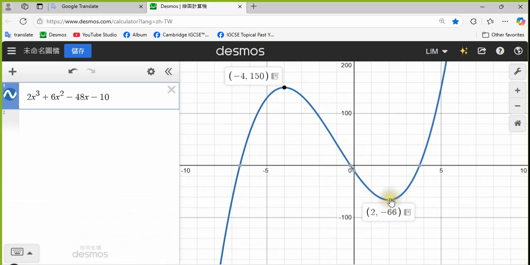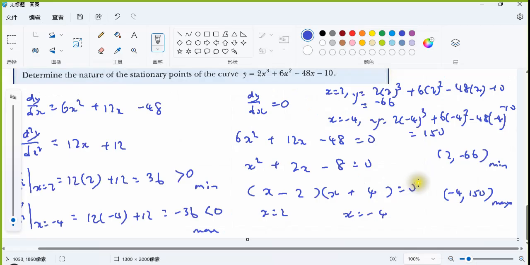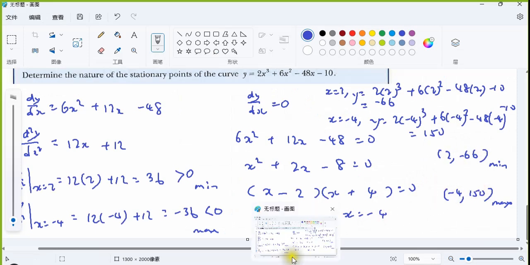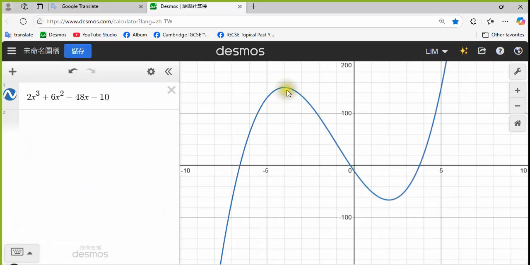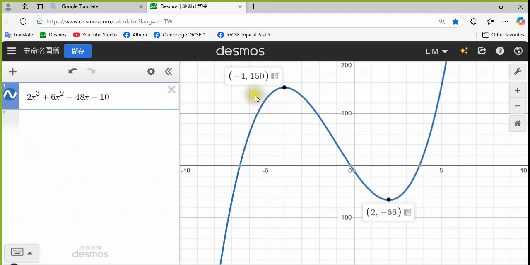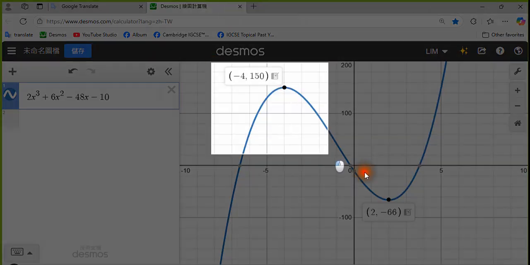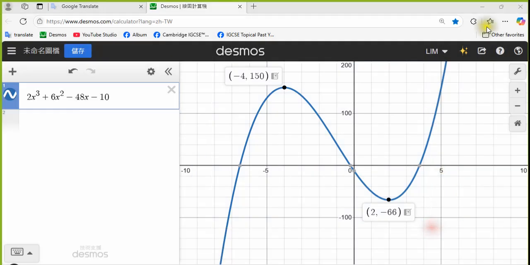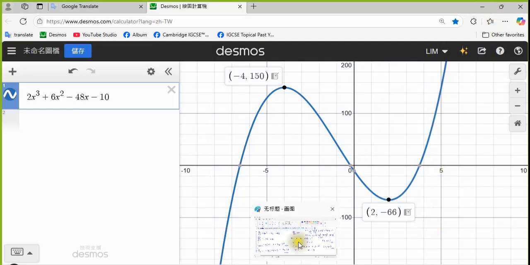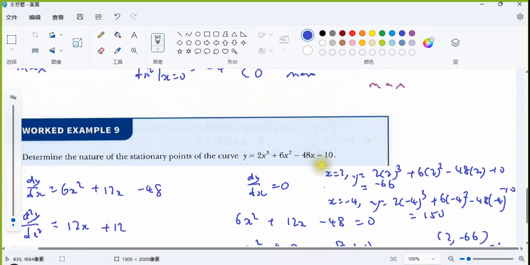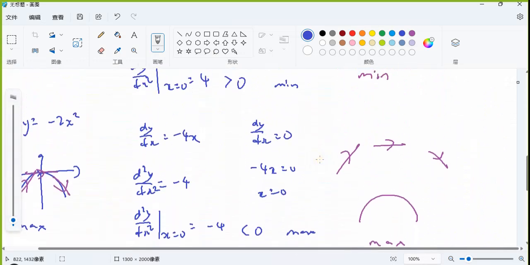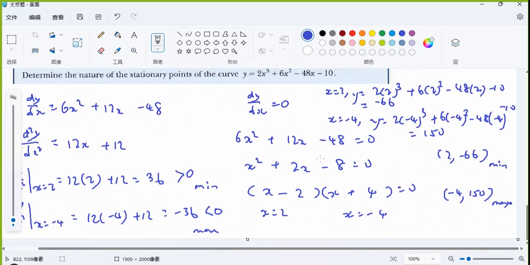Then we can see that this is the maximum and this is the minimum, with negative 66 and 150. So this is the graph, and this is how the graph looks.